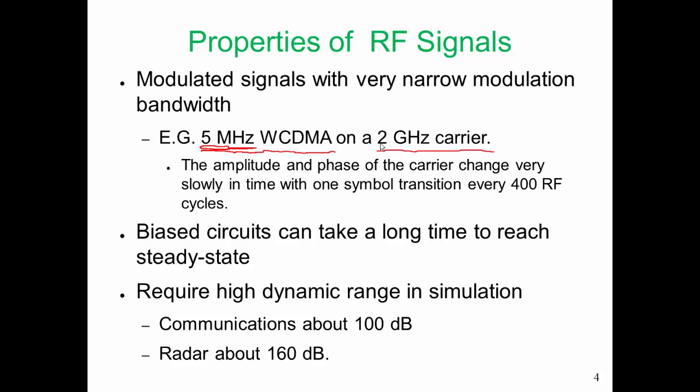So you can imagine that we can get a reasonably good estimate of what is happening by solving for the state of the circuit at 2 GHz, then solving for the state of the circuit at perhaps 2 and a bit gigahertz, up to the point where we get to 2.005 gigahertz. Another way of approximating what is happening is to consider that we have a 2 gigahertz signal with a number of discrete sidebands that go out to 5 megahertz on either side of our carrier.